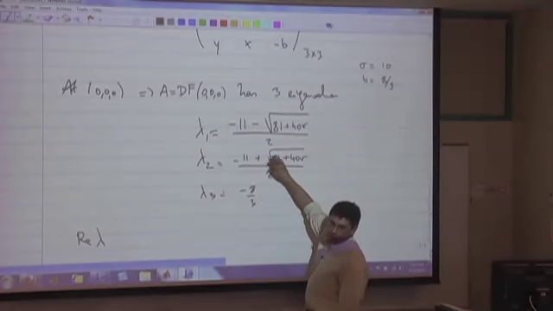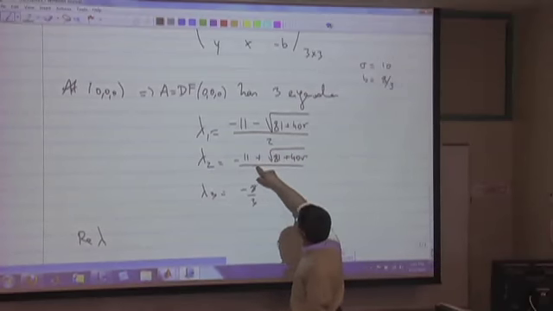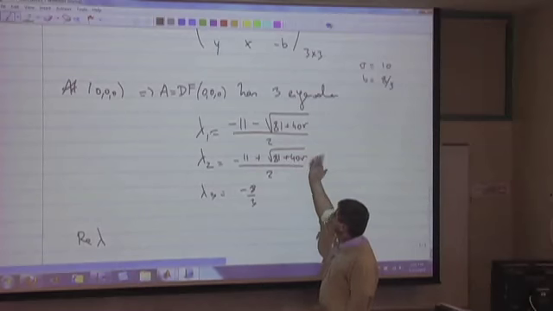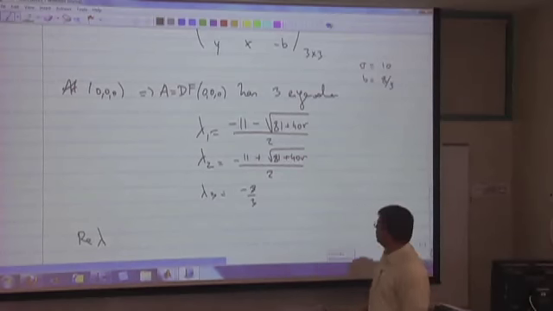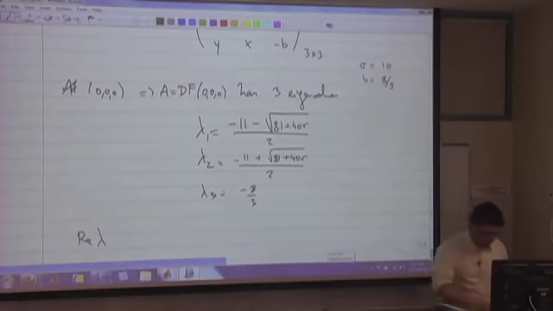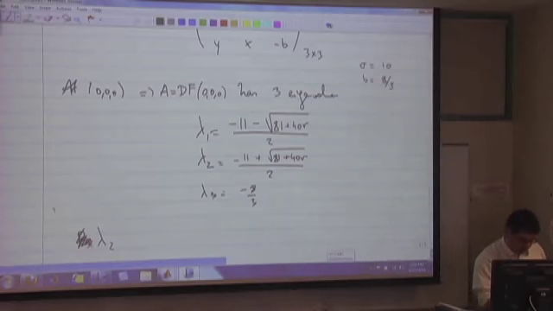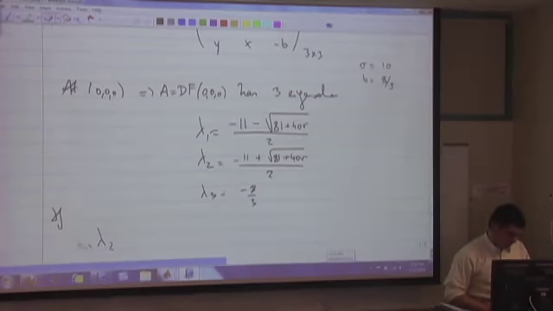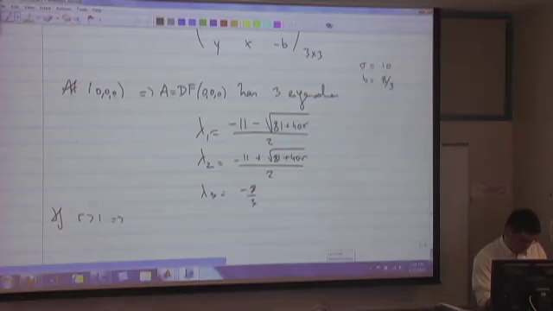Obviously, this is negative, but the problem with lambda 2 could be positive, right? So if r is large enough, in fact, r equals 1 looks like it makes this lambda 2 zero. So for the real part of lambda 2, well, there's not even a real part because these are real. So if r is greater than 1, then lambda 2 is positive. So this means that E0 is unstable.